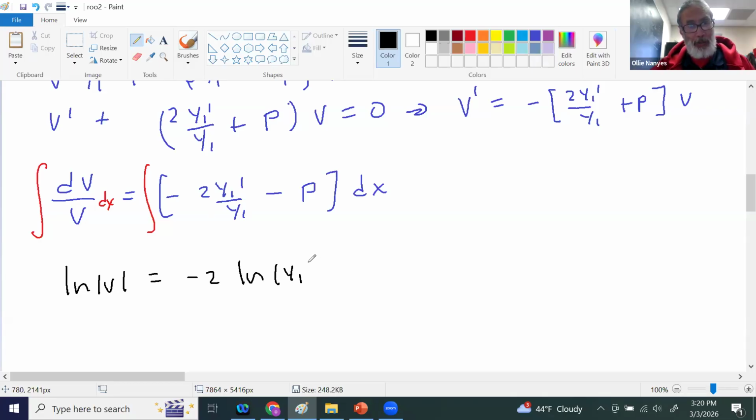That's a substitution rule problem. Then this integral here, minus the integral of p dx. And we don't really know what this is because p is a given function that's going to vary from problem to problem. Okay. Now, let's go ahead and do some algebra. Let's move this over to this side.